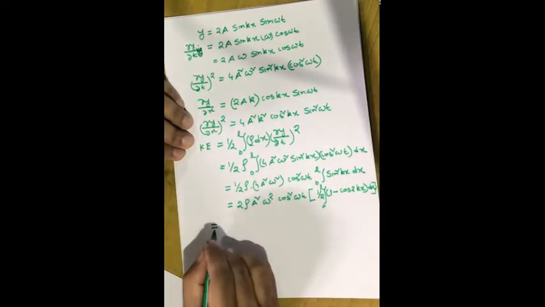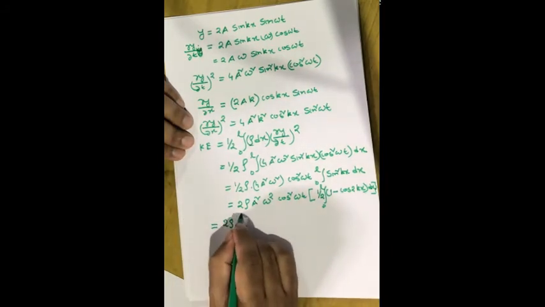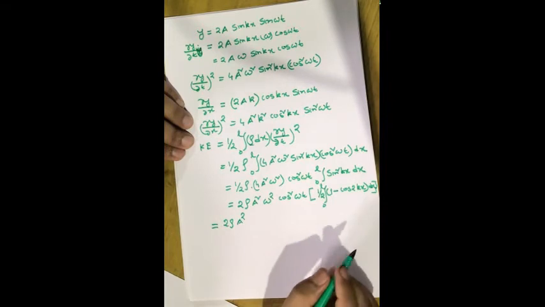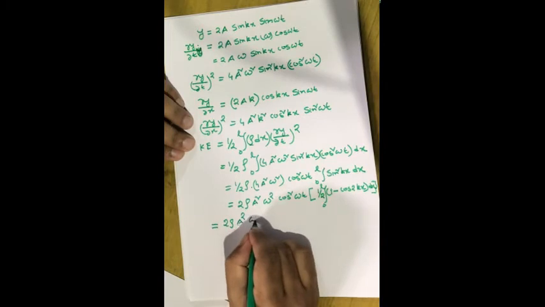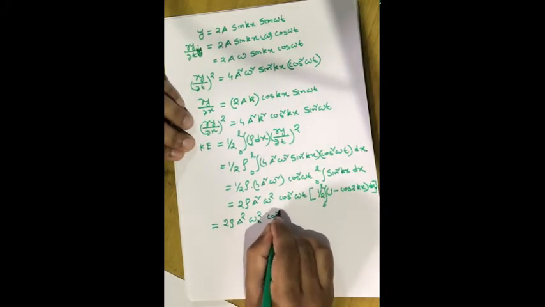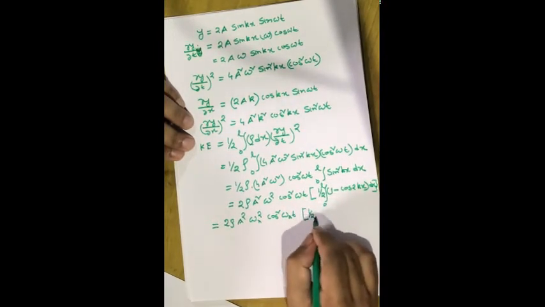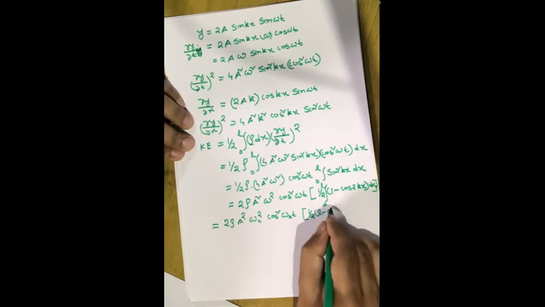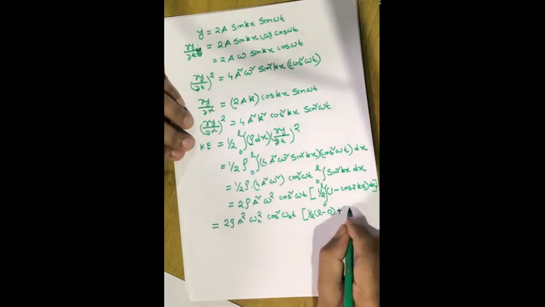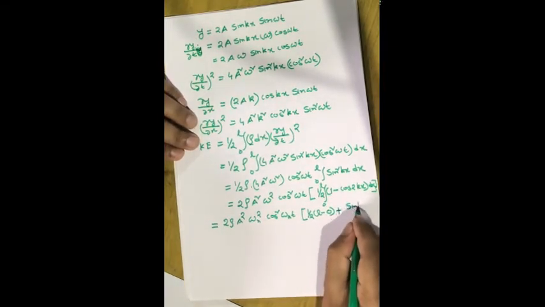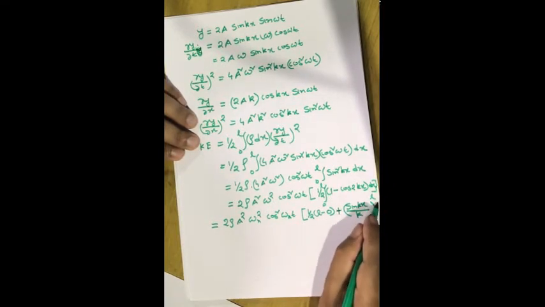Omega we can write as omega n, because for only normal modes of frequency will the standing wave be excited. So omega n cos square omega n t, and the first value will be half into the integral of dx, L minus 0, minus cos, which when integrated gives a plus sign, so sin 2kx over 2k, upper limit L, lower limit 0.